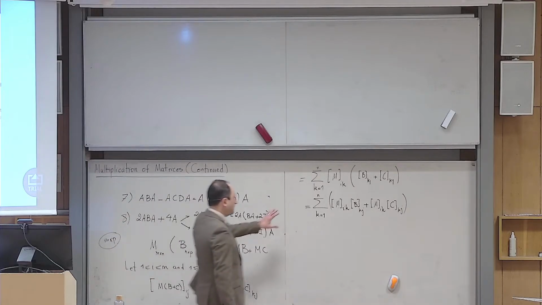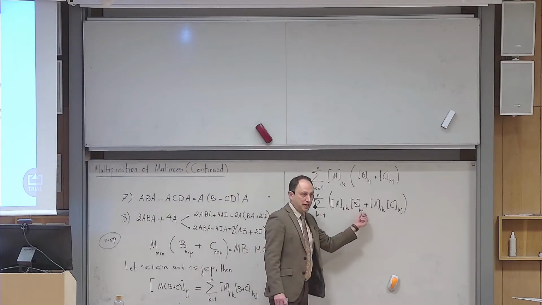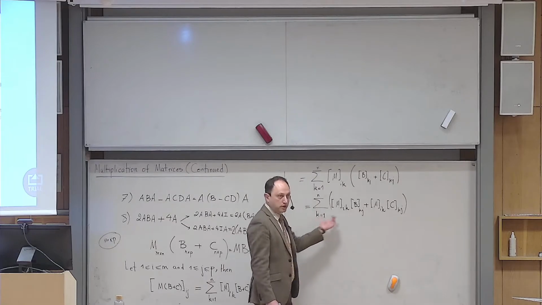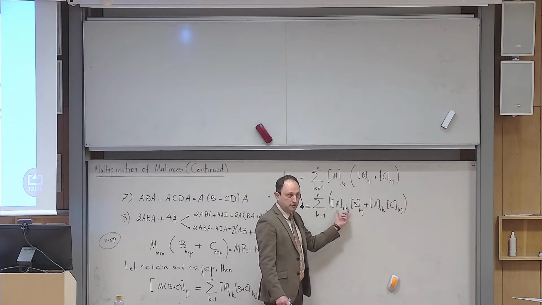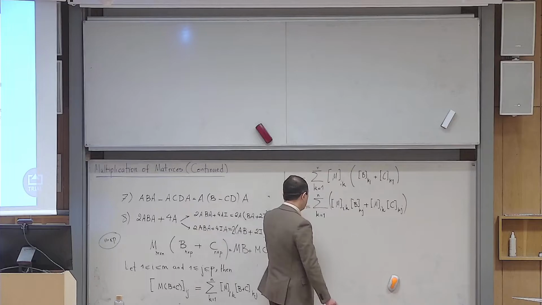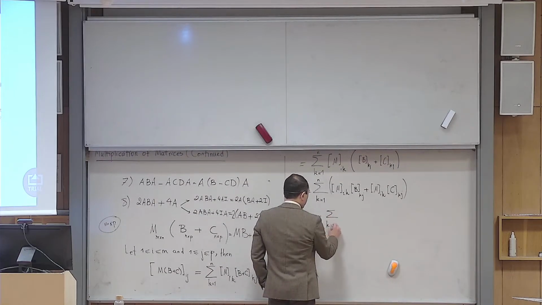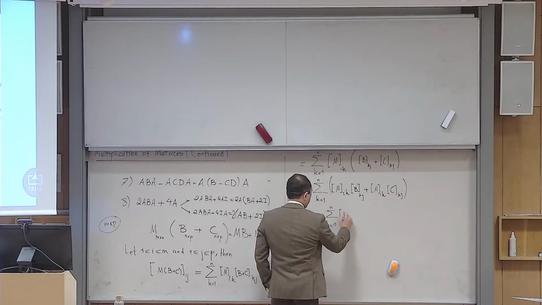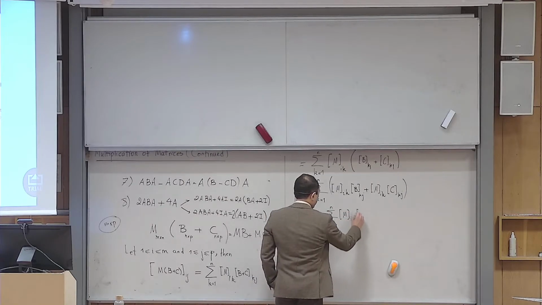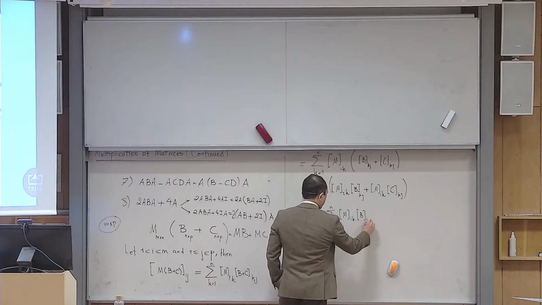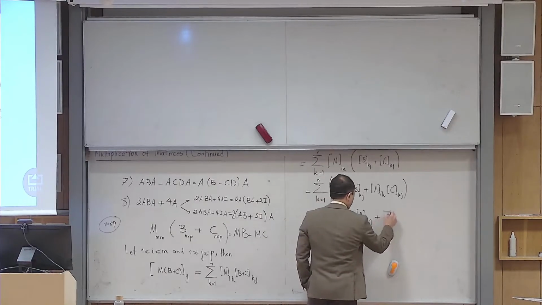So I have a sigma of two expressions added. I can decompose my sigma into the sigma over the first plus the sigma over the second, yes? So this becomes sigma over the first plus sigma over the second.